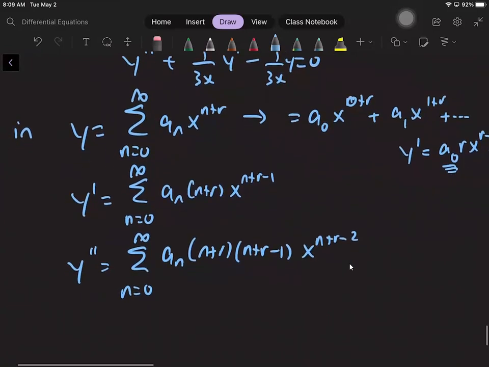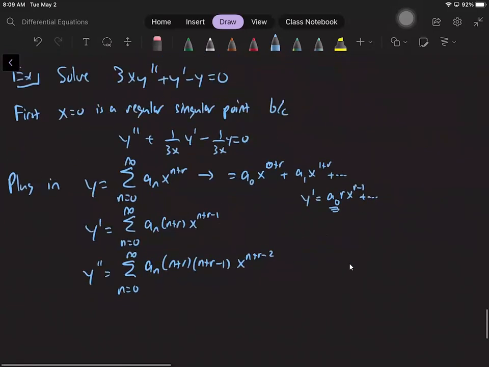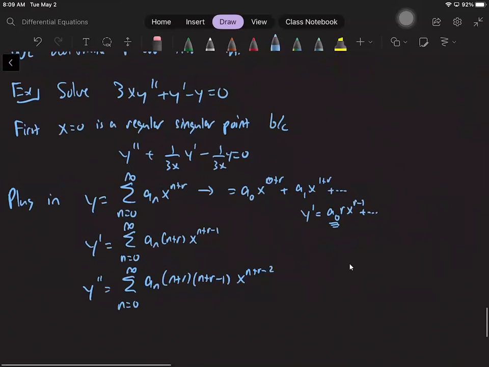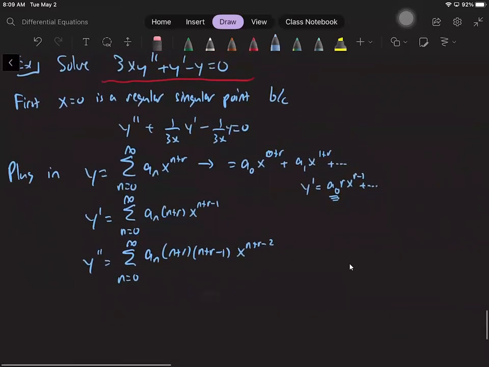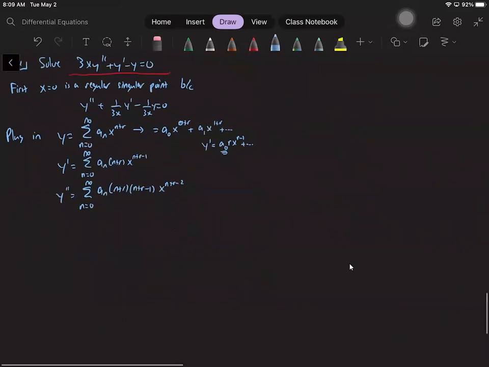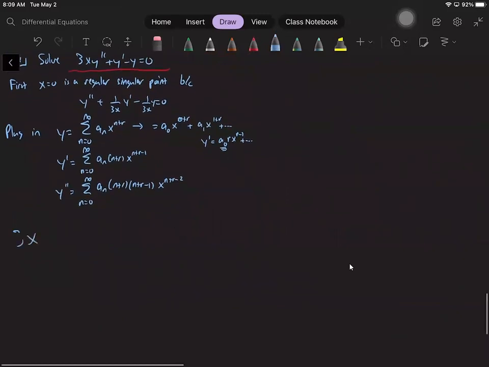Okay, so we're going to plug these in. It's easier to plug it into the original form. The first form that it starts in is a lot nicer to work with, but this other form is how we check if it's a regular singular point. Okay, so we're going to plug this in. You need a lot of room here. So 3x times the second derivative.